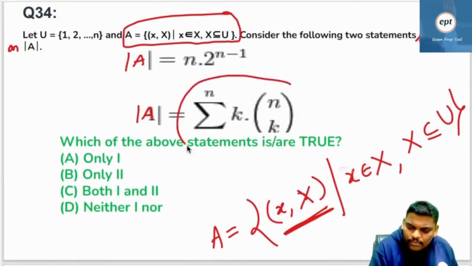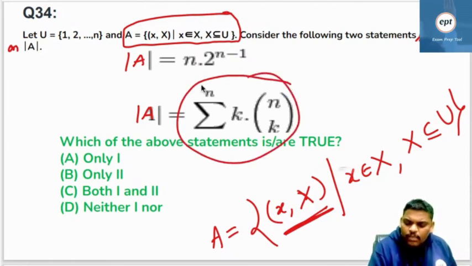What about this one? Let me check. Sigma k equal to 1 to n, with n value 6. Substitute here and you will get the answer.